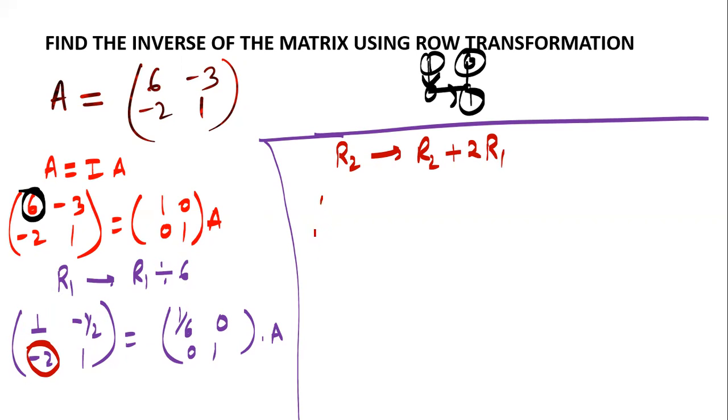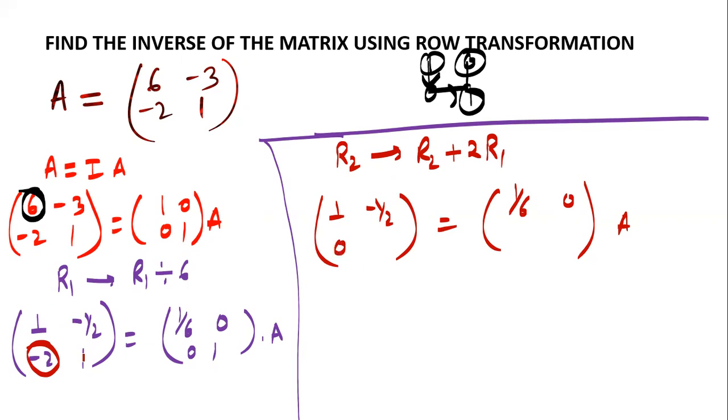No change in R1. 1 minus half, 1 by 6, 0. R2 plus 2R1, that is 0. R2 plus 2R1, that is 1 by 3 and 1.